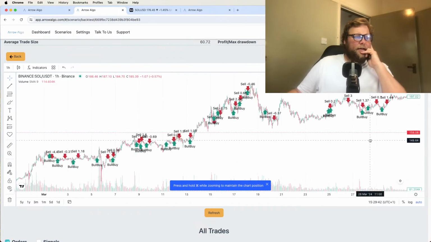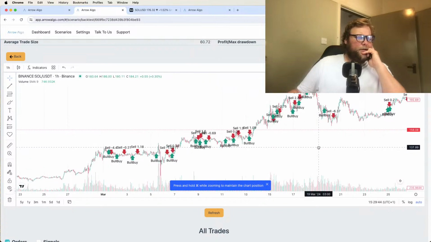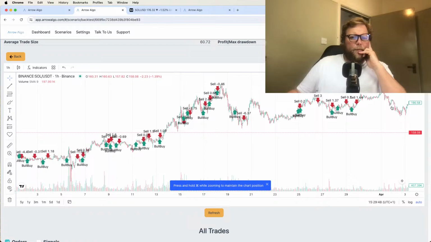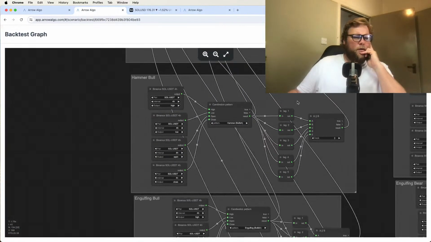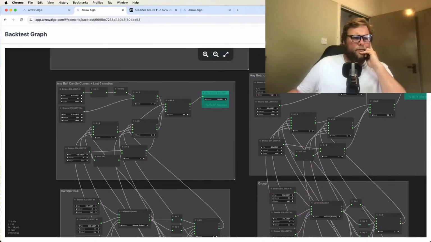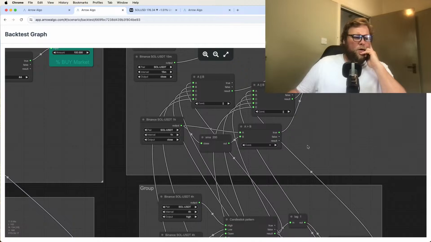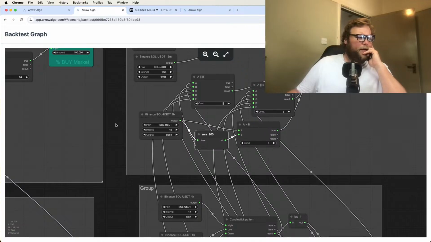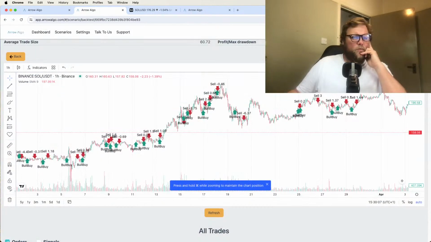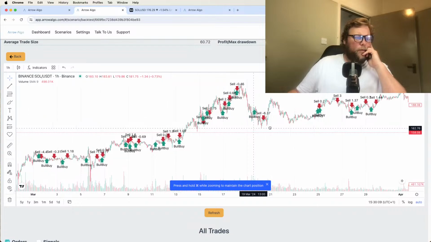The one thing I like is how we've managed to get most of these buy and sell signals only occurring on this uptrend. So we're only buying in rising markets, not in falling markets, which we managed to do with this hourly price over the moving average. But there's still the odd occasion where we're buying in a falling market.